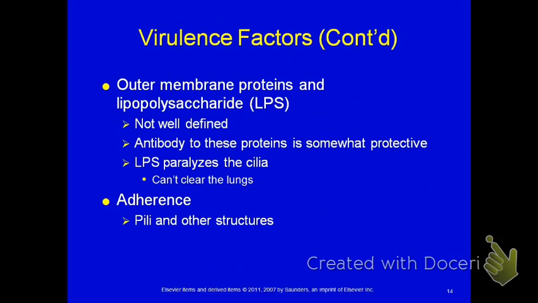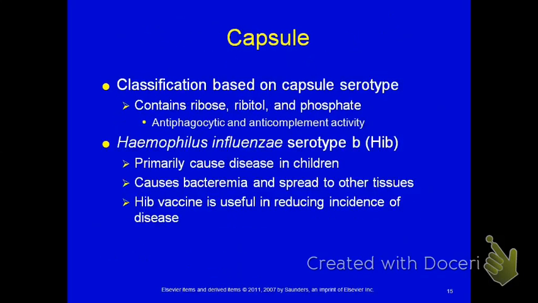I told you a while ago that the capsule is the one that can prevent phagocytosis. It's also anti-complementary, which means that it's against complement, and complement is actually needed in order to cause lysis of the bacteria. Primarily, it contains ribose, ribitol, and phosphate.